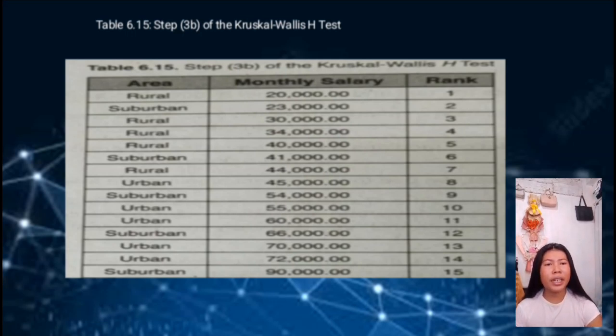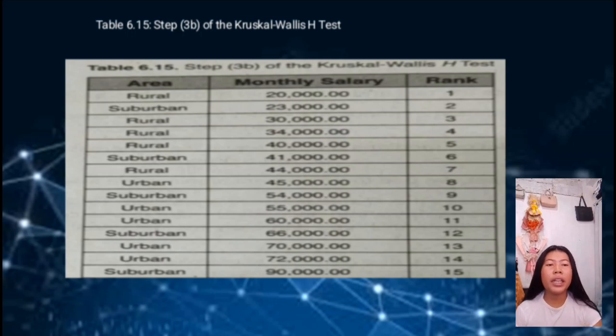For example, the lowest salary is 20,000 from the rural group, rank 1. Second lowest is 23,000 from the suburban group, rank 2. And the last, the highest salary, is 90,000 from the suburban group, rank 15.